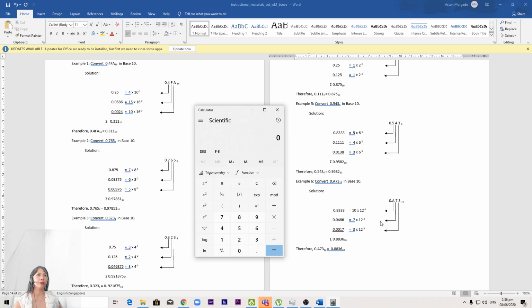So 12 raised to negative 2 times 7 is 0.0486. We just round it off to the first 4 decimal digits. And last is 12 raised to negative 3.